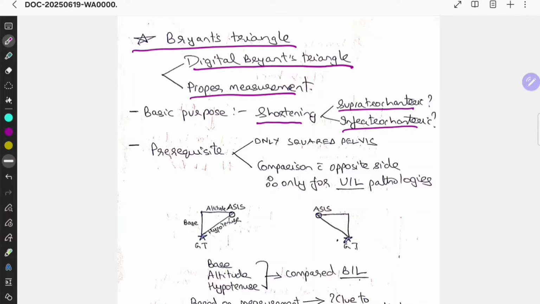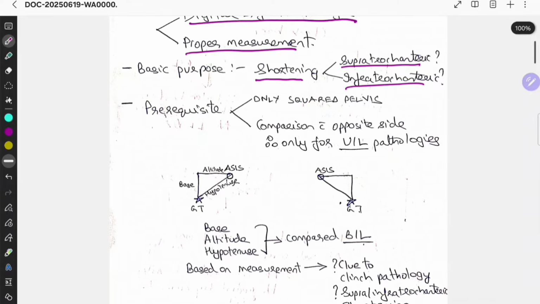Now, what are the prerequisites for measuring the Bryant's triangle and commenting on whether it is supra or infratrochanteric? The first prerequisite is the pelvis should be squared. The second prerequisite is, we measure the difference in base, altitude and hypotenuse bilaterally over both the sides.